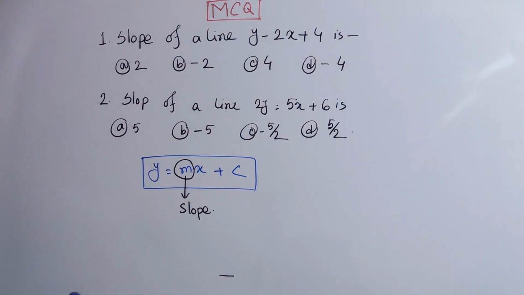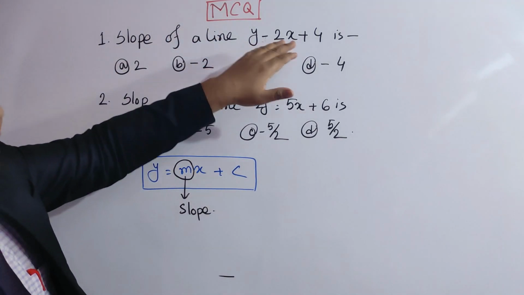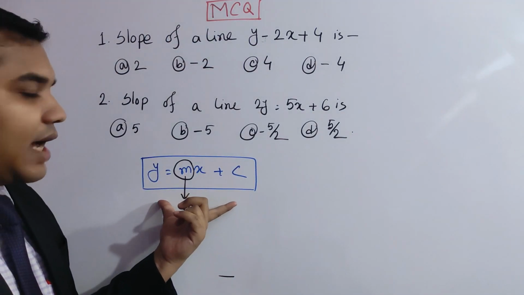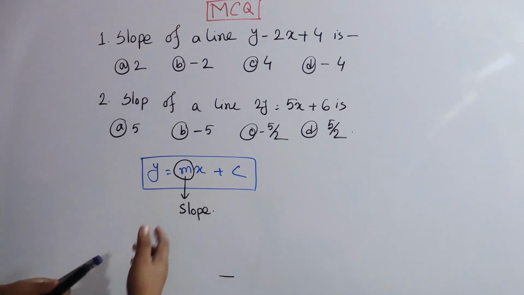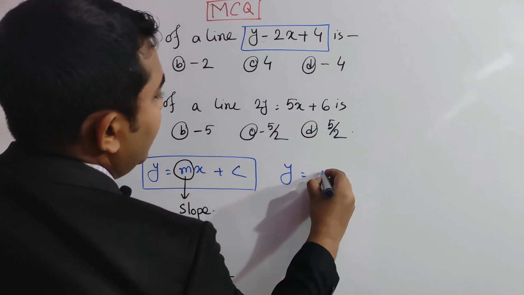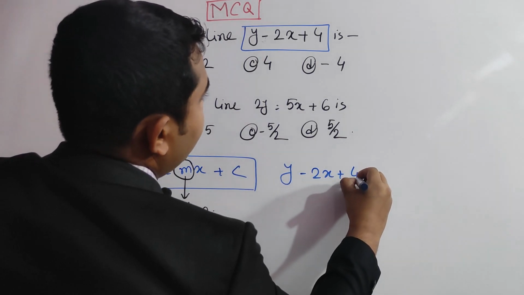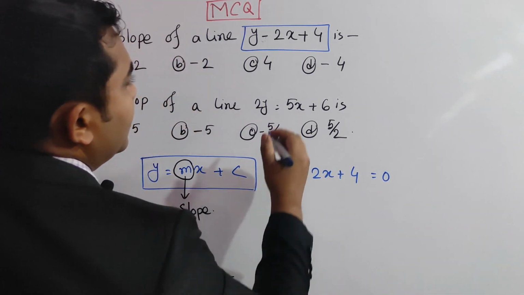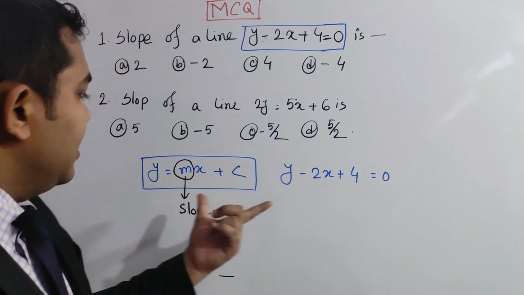So what we need to do? We need to first convert the equation into this type, then we will find the slope very easily. Okay, convert it. So here is given this equation, y minus twice x plus 4 equal to 0. That is the equation given, and here we have to just make the equation this way.